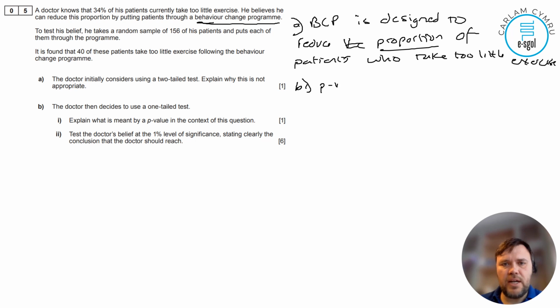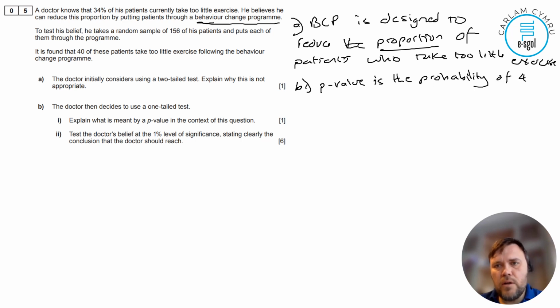So the p-value is the probability of 40 or fewer patients taking too little exercise after the program.